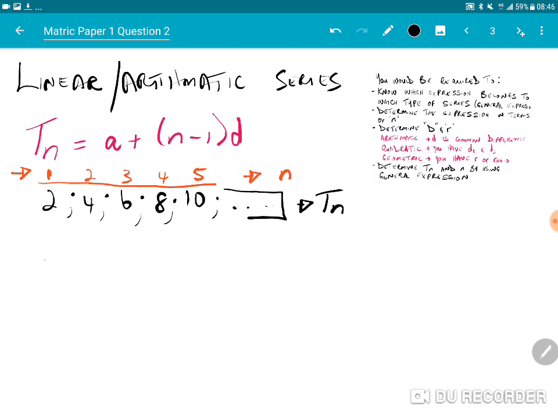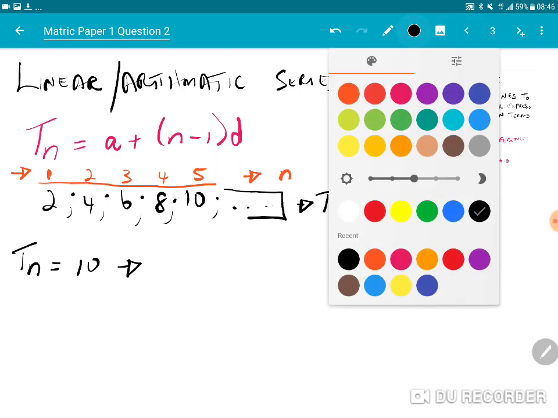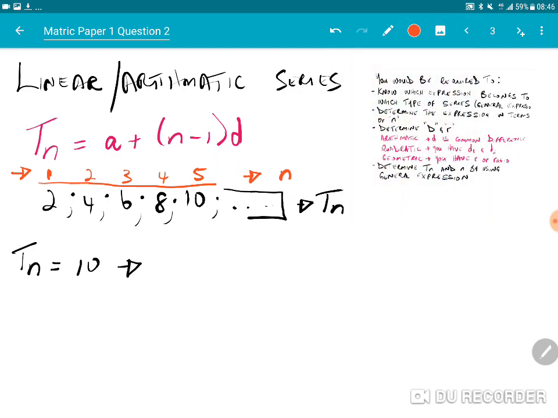So in this case, Tn equals 10, and that would be for n equals 5. So Tn is the value and n is the position.